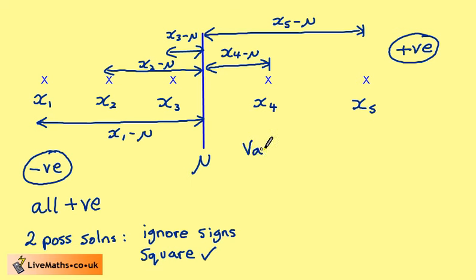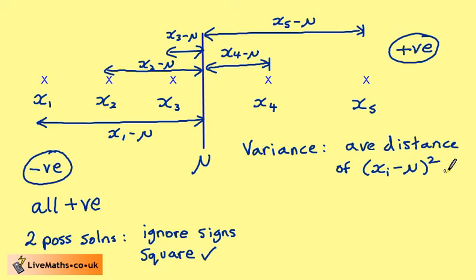We're now in a position to discuss the variance. The variance is the average of these squared distances. So we take the distances and we square them. And we want the average of these from mu.